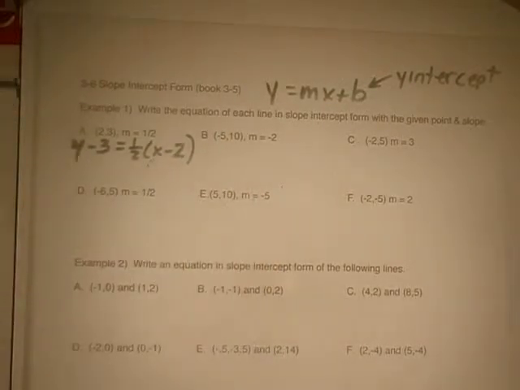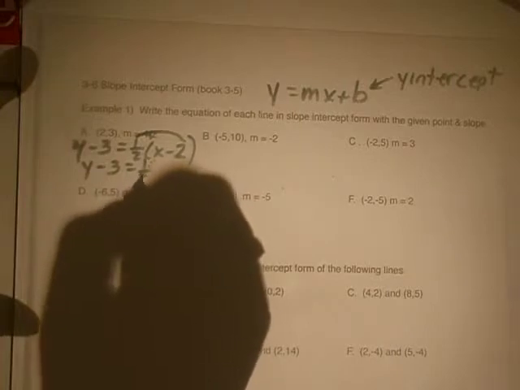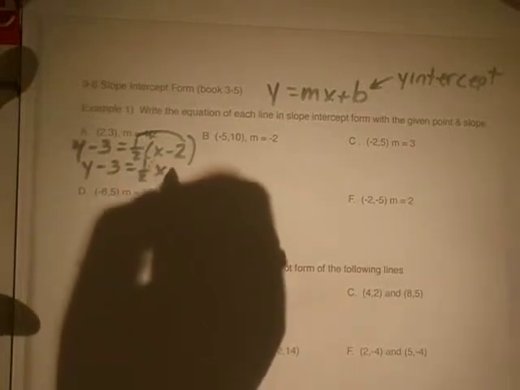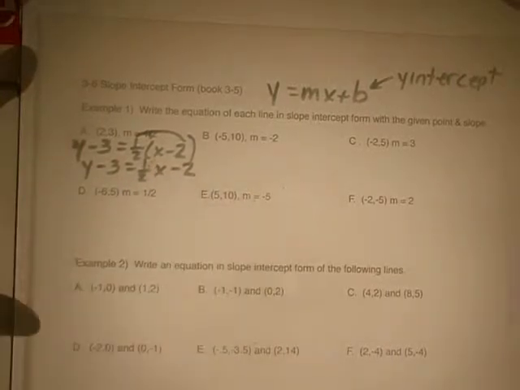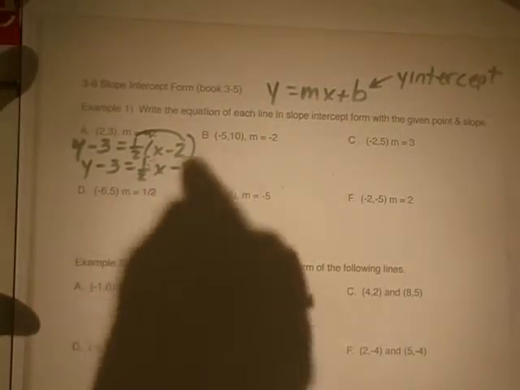So we start with that, which is just like we did yesterday. And now we just solve for y. If you distribute, you would have y minus 3 equals 1/2 x minus 1.